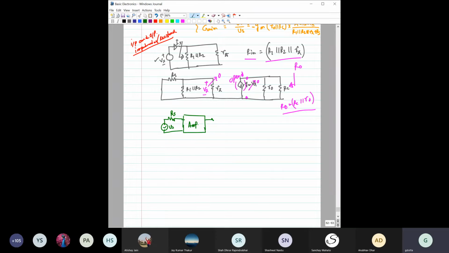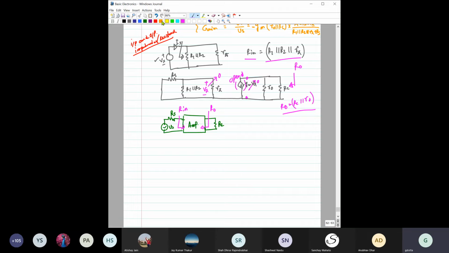And here you have connected the load, RL, load resistance, right? Now you are trying to understand why this R in and R out is important. R in is the resistance offered by this, R out is the resistance offered by this, right?